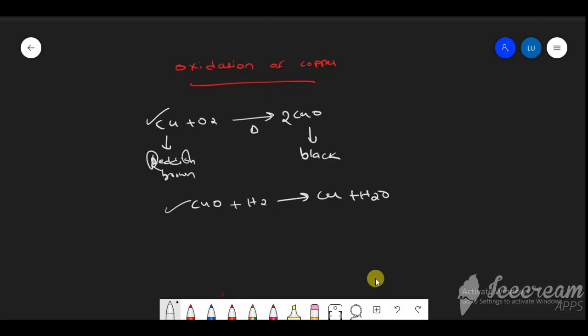And here the color change is very important. That is, the copper, which is reddish brown in color, is oxidized and converted into black. And when we pass hydrogen over this black copper oxide, it recovers its reddish brown color. This is a practical example of oxidation and reduction reactions.